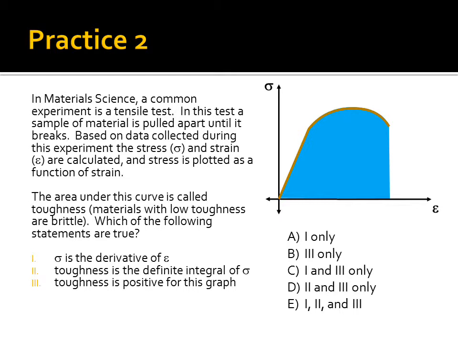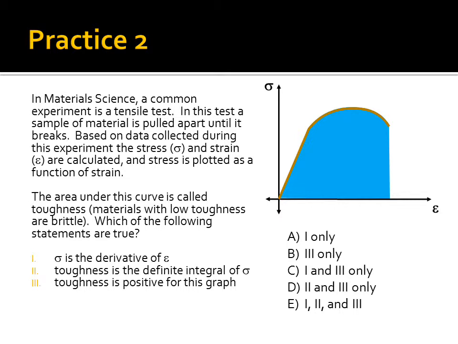Last statement, toughness is positive for this graph. Well, the fact that I did it in blue should have been a hint. When you start these tests, you obviously start by not pulling on it, and then you pull on it more and more, and so there is some directionality to this graph. It starts at the origin and then proceeds this way, and so if we're going to take the integral, it's going to be in this direction. In other words, it's going to go from left to right.